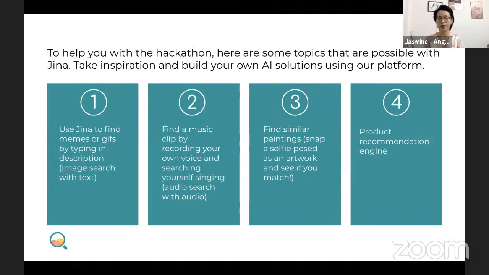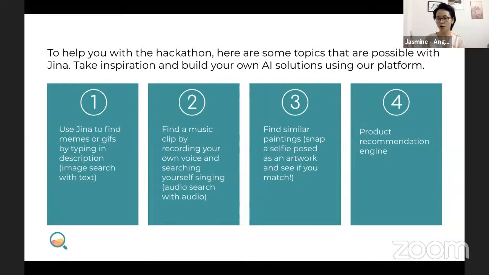Here are a few examples to help you to start with. For example, you can use Jina to find memes or GIFs by typing in a description, which is image search with text. You can also use Jina to find a music clip by recording your own voice and searching yourself singing, which is audio search with audio. Another example is that you can find similar paintings. You can simply snap a selfie of you, pose as an artwork, and see if you match with anything, right?